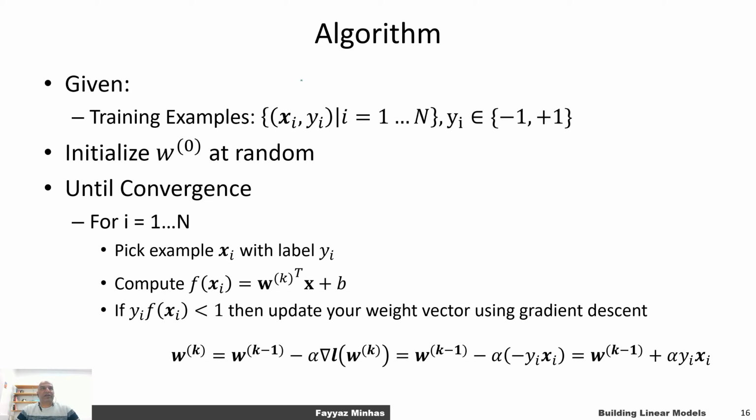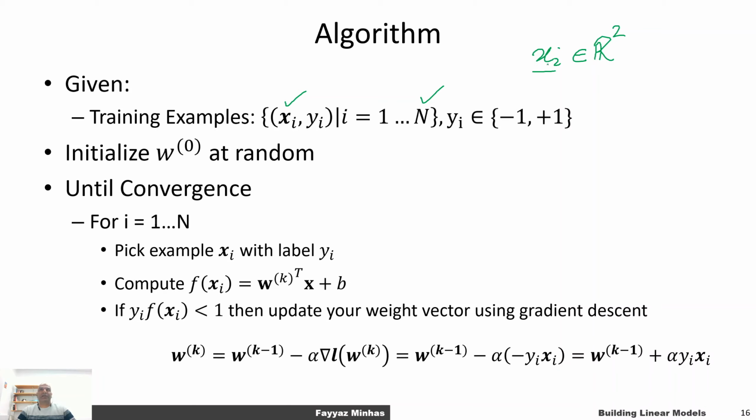So we're given a training data set in which we have n training examples. In the AND classification problem, we had four examples. Each of those examples has a set of features, which were in 2D for the AND problem.